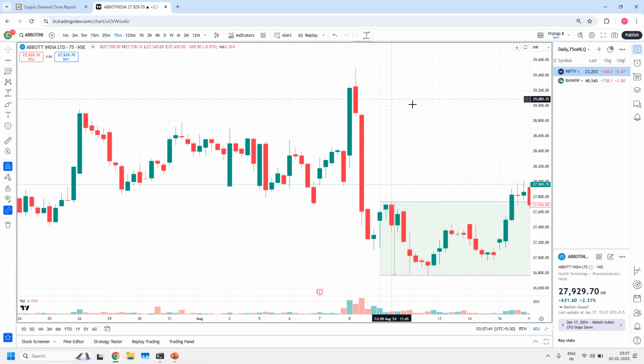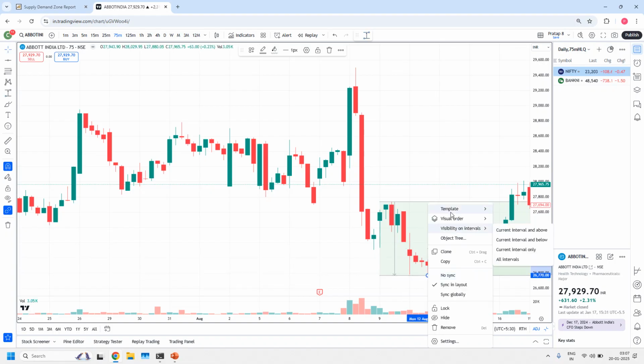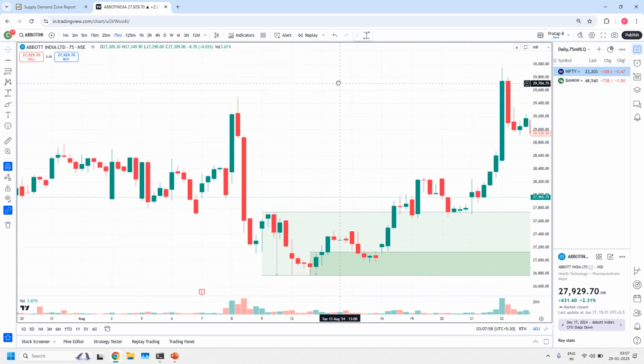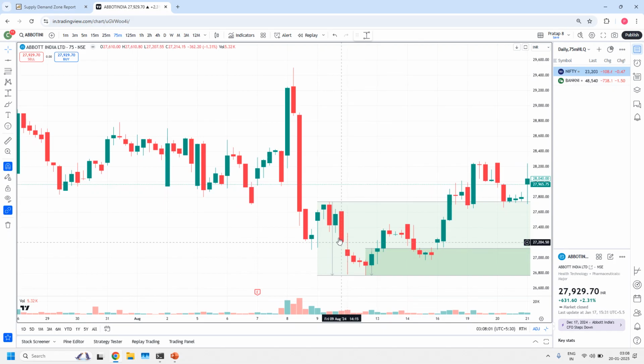That way you can draw this zone. So this is a 75-minute zone. This is a fine-tuned 75-minute zone. So this is acting as a high liquidity zone, maybe again. You see, once again a drop base rally is created.